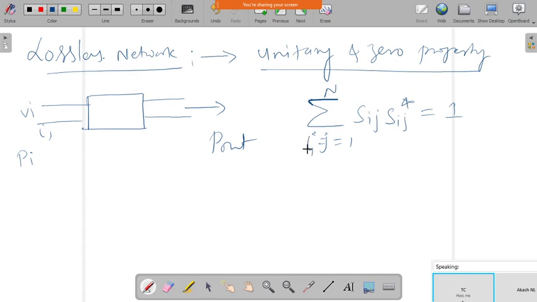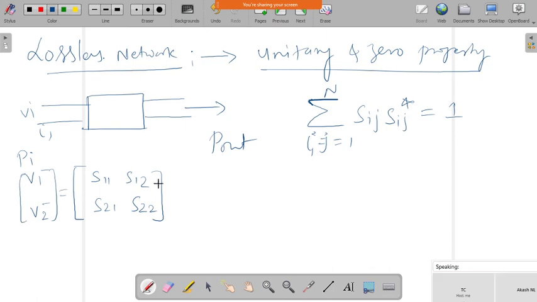For the two-port network, in matrix form we have S11, S12, S21 and S22, relating the reflected voltages V1 minus and V2 minus to V1 plus and V2 plus. In general, we can define it like this in matrix form.